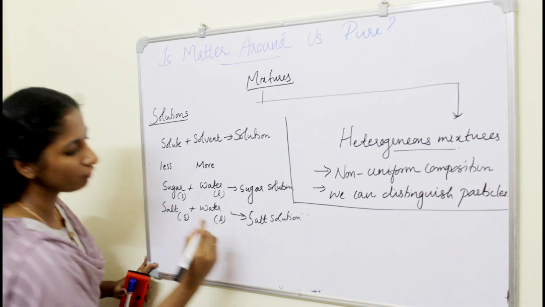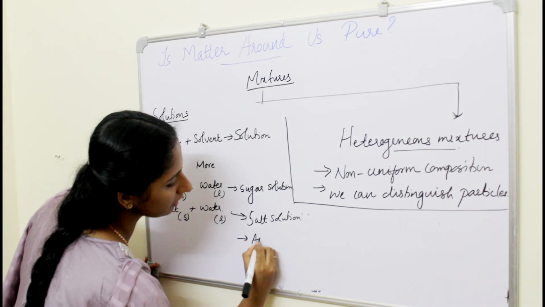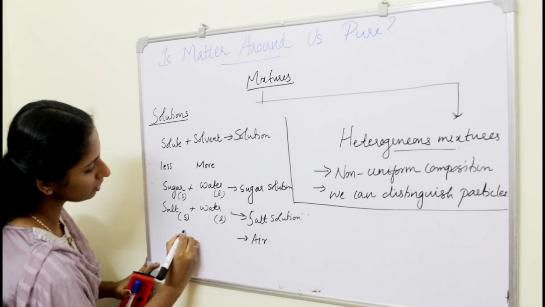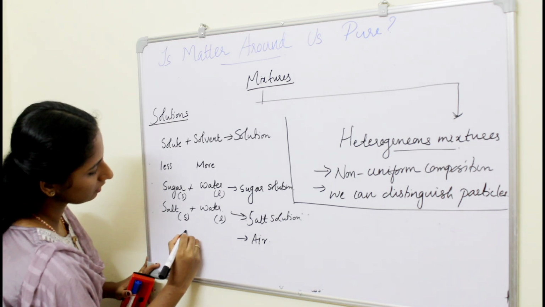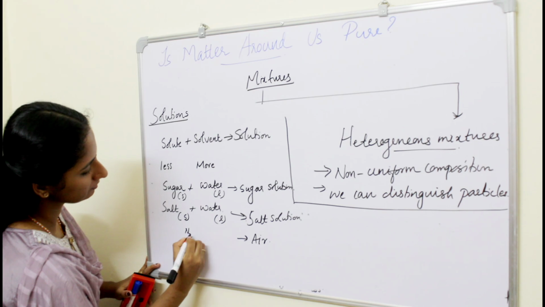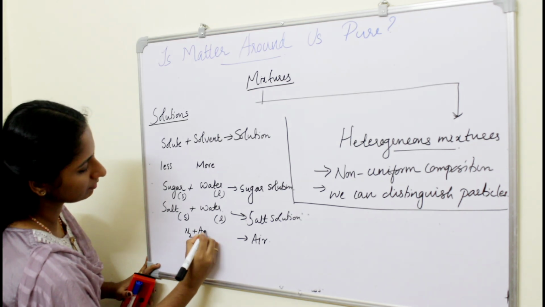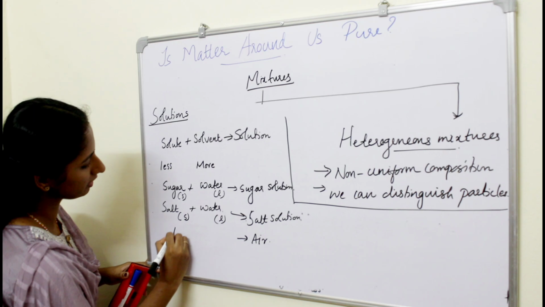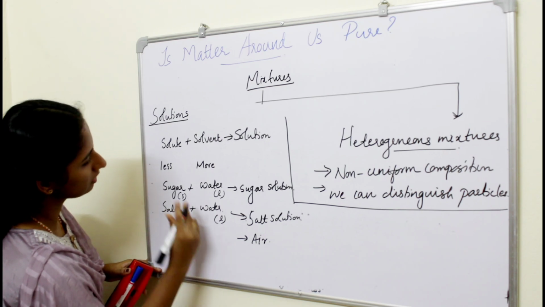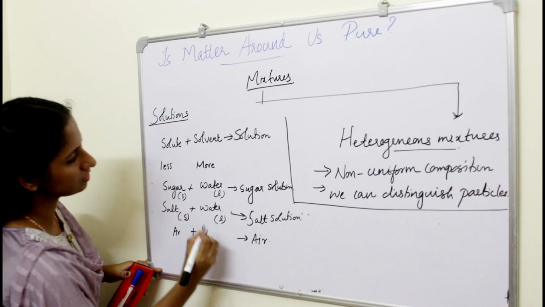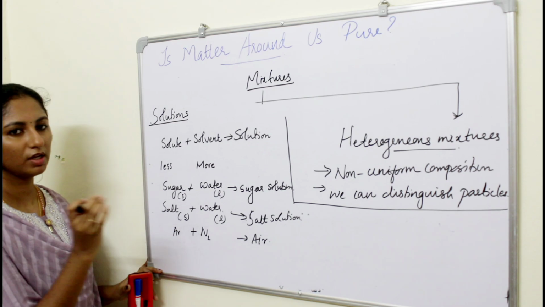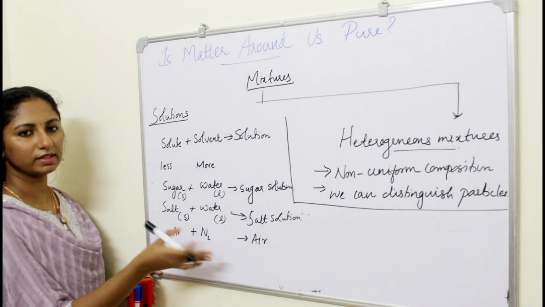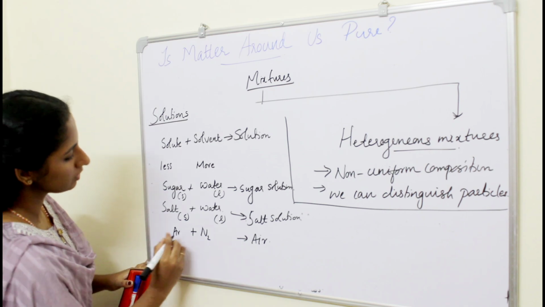Then what about air? Air is also an example of a solution. It is a combination of nitrogen and argon. Argon is less, so it is taken as the solute, and nitrogen as the solvent. The less amount of particle we take as solute, and the larger amount as solvent.